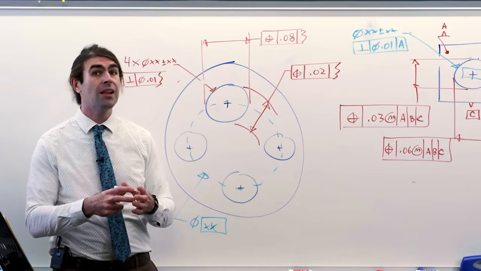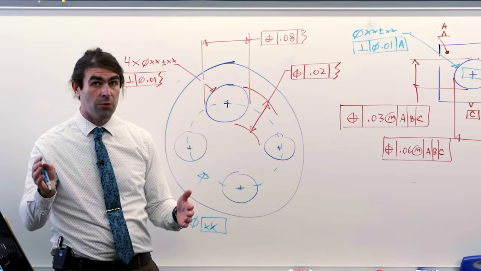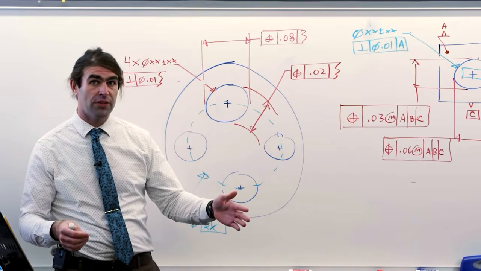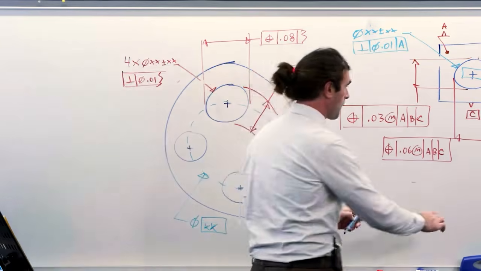It's meant for long holes where you have one position tolerance on one end of the hole and a smaller position tolerance on the other end of the hole. Let me show you how it's supposed to look on a drawing.